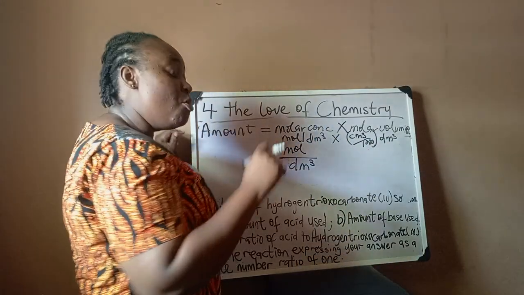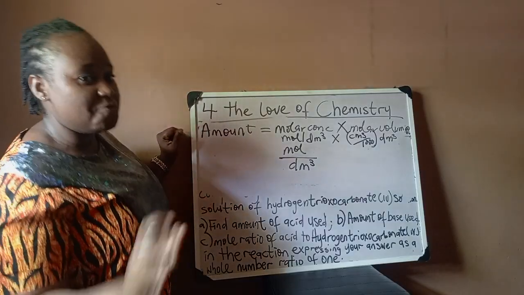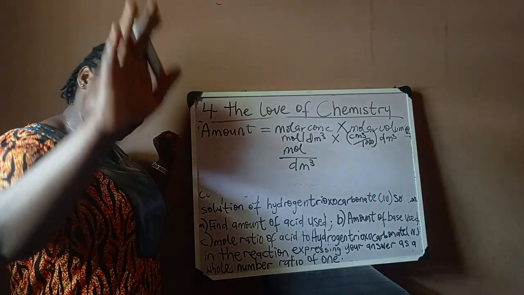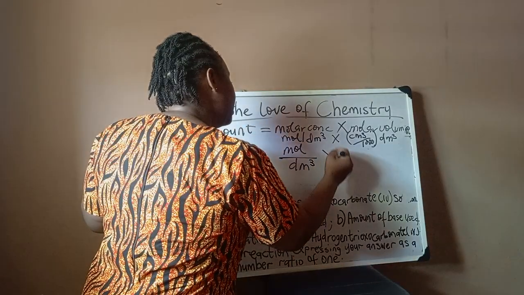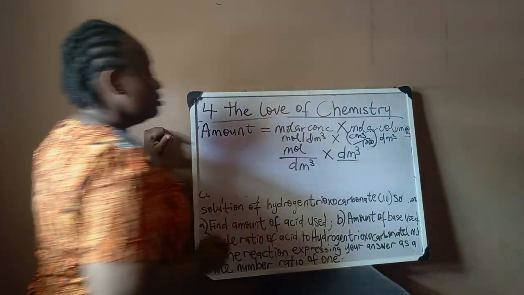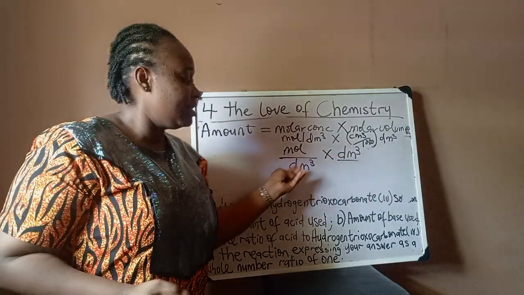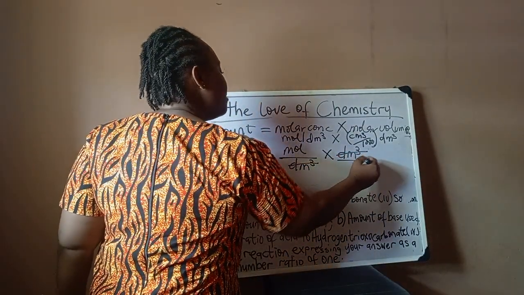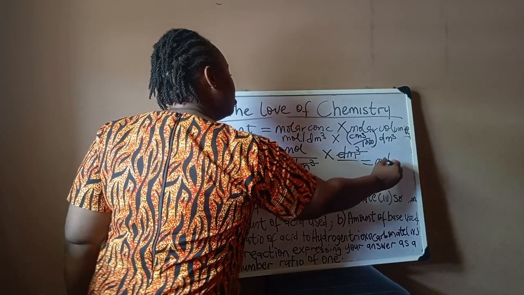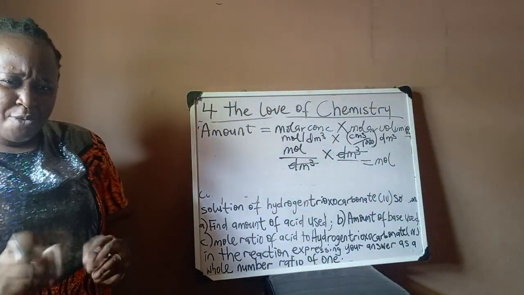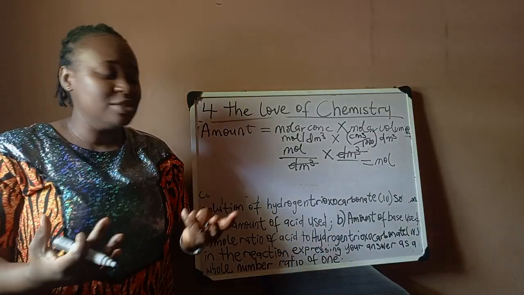And our molar volume, I didn't just say volume, molar volume, must be in what unit? dm cube. So multiply by dm cube. So if we sort this out, dm cube cancels dm cube, and all we have is mole. So what will be the unit of amount? Mole. Are you seeing how we are getting the units now? So you don't get confused.